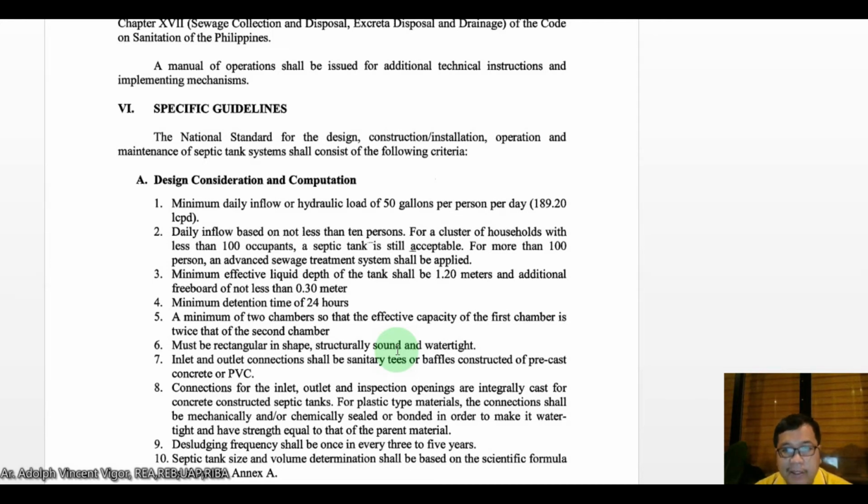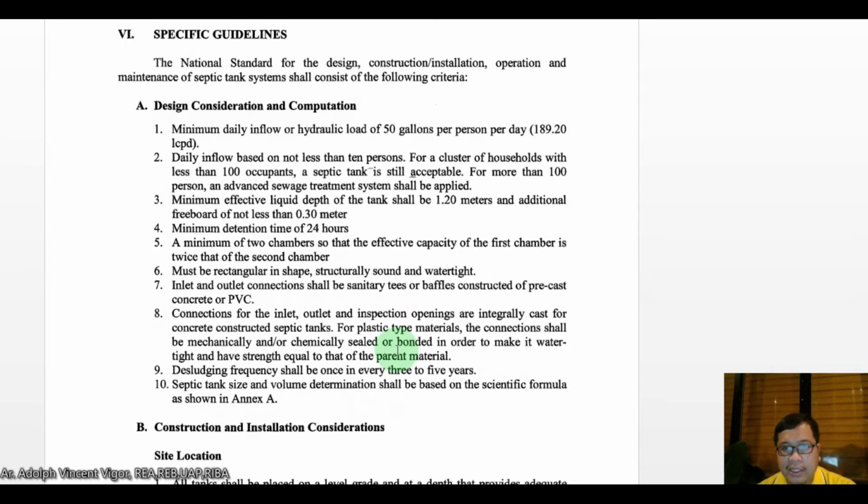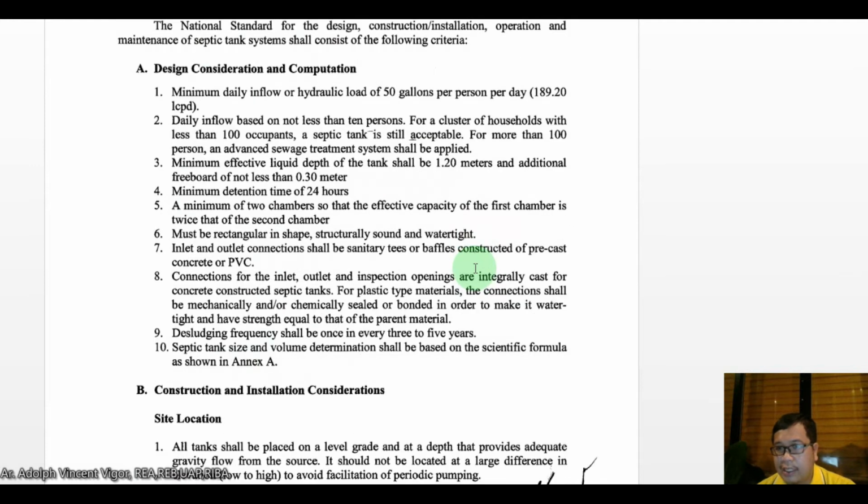Then the tank must be rectangular in shape, structurally sound and watertight. This is something, class, that you must pay attention to, because I think a lot of contractors and even some professionals neglect the structural component in building the septic tank, because it must be strong.